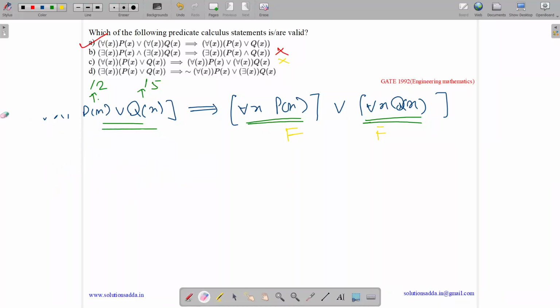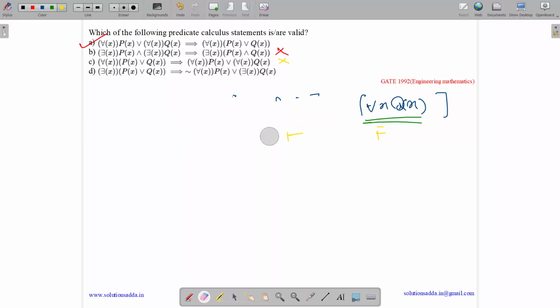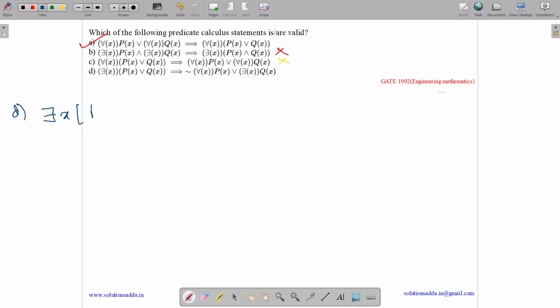Let us see option D. So option D states there exists an x such that either p is true or q is true. Then it means it is not true that for all x, px, or there exists an x, qx. So what is this saying?